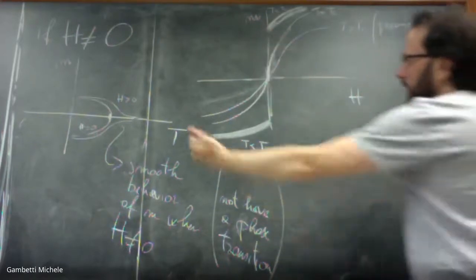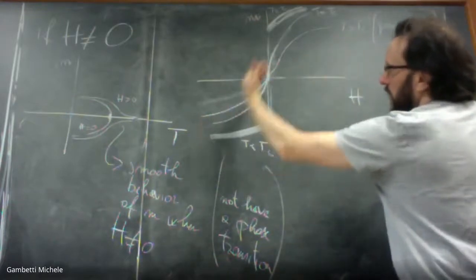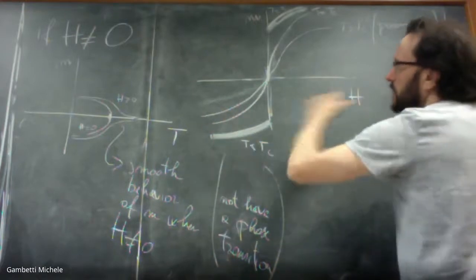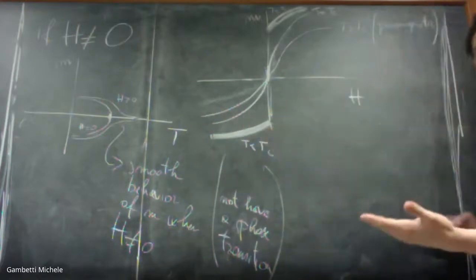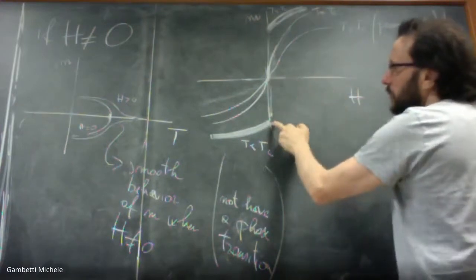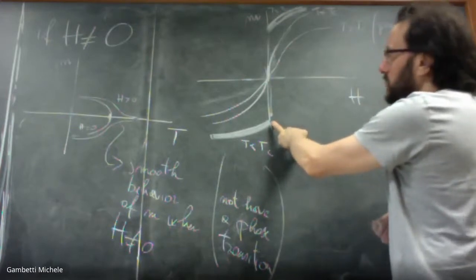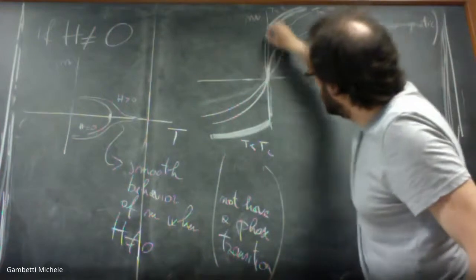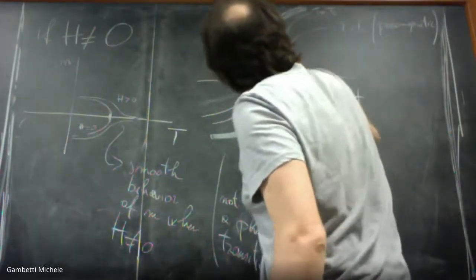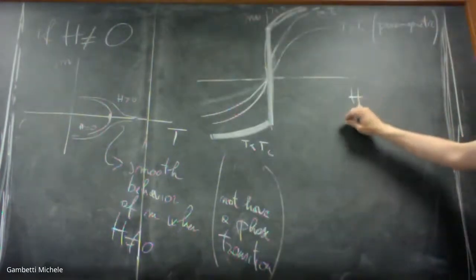If I go from the other side, for a negative magnetic field, again the magnetization has the same sign of the magnetic field and decreases when I decrease the strength of the magnetic field. But if I switch it off, then at some point I will reach, in any case, a finite value of the magnetization. And here I have a jump, okay? I have a jump of the magnetization as a function of H.